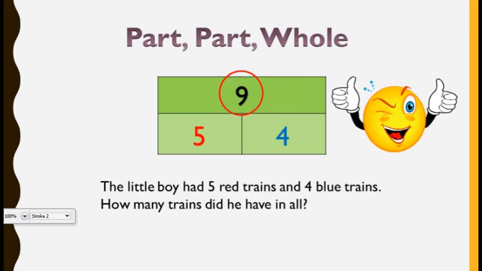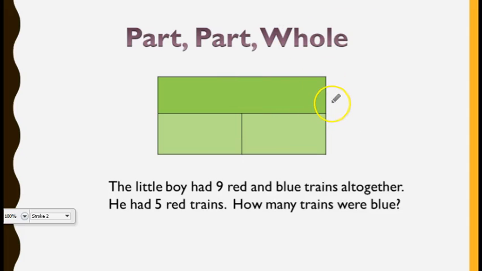Now, if we change the problem to say the little boy had 9 red and blue trains all together. He had 5 red trains. How many trains were blue? Well, here's our clue word that we had just talked about. All together. That's the whole. And we do know that information this time. And we also know that he had 5 red trains.